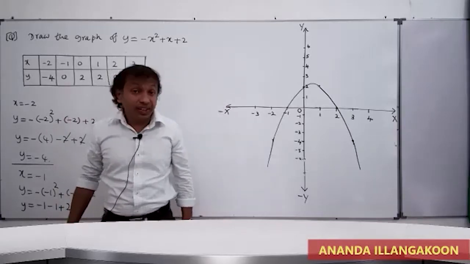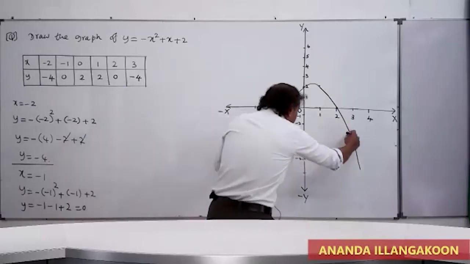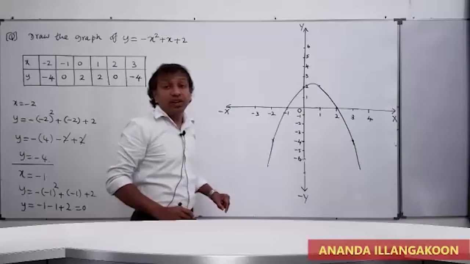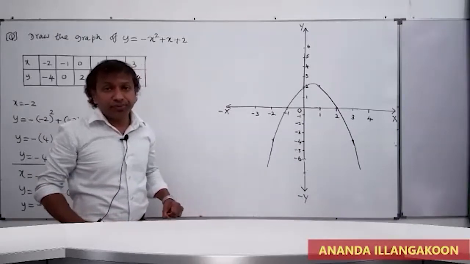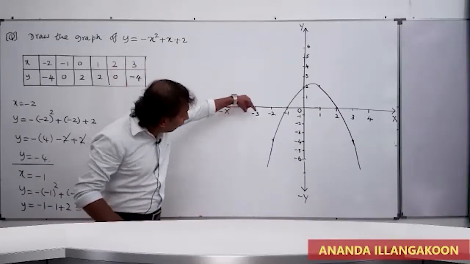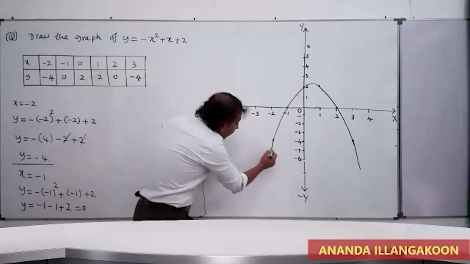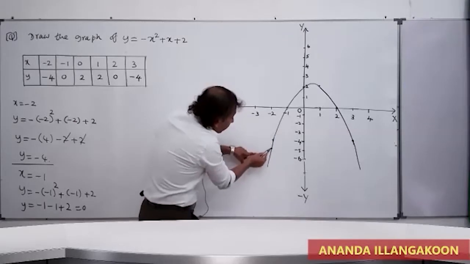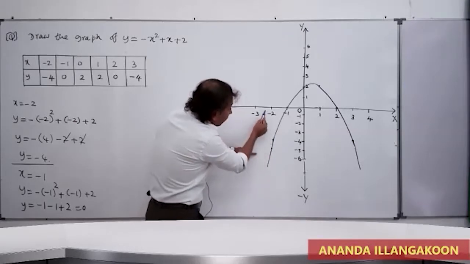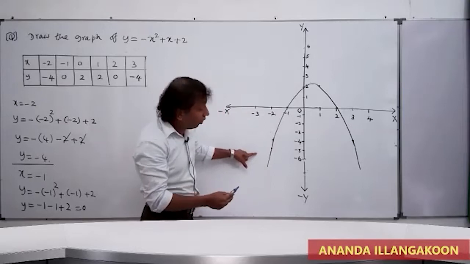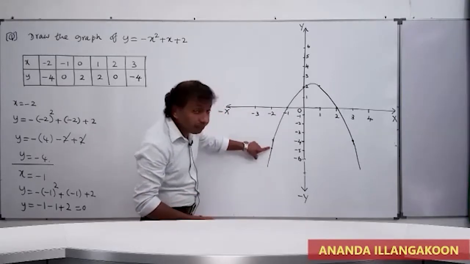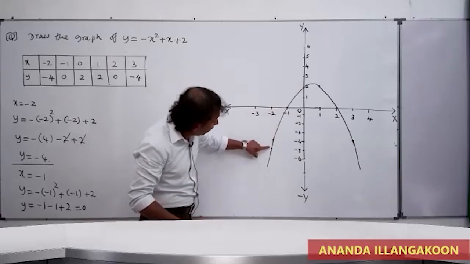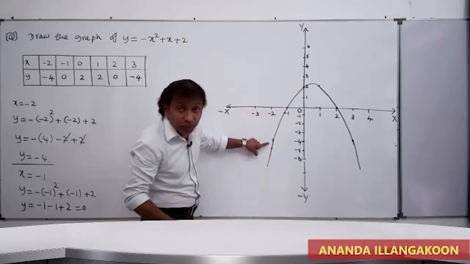Therefore, we see these two branches going to negative infinity of y. Now, at any point on the graph, the height from that point to the x-axis is called the y coordinate of that point. When the graph lies below the x-axis, that y coordinate is negative.